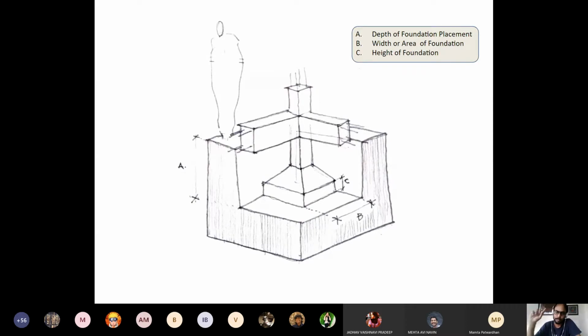Very important, because that actually will decide for us what is the bearing capacity of soil at that point. The second is we need to also keep into consideration the width or the area of foundation, and this is what we are going to try and establish today. How do we build the area of the foundation? And the third is the height of the foundation itself.